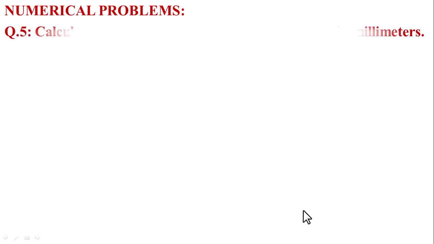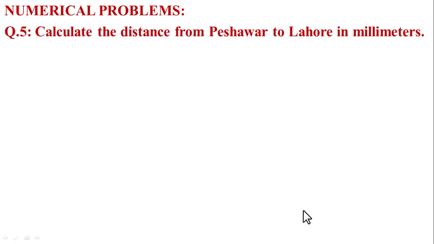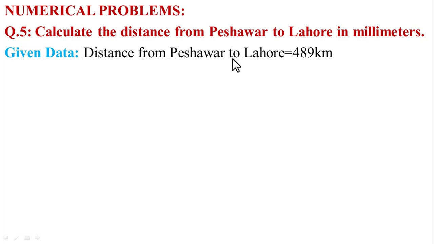Now we will move to numerical problem question number 5. In question number 5, the given statement: calculate the distance from Peshawar to Lahore in millimeter. First of all, we write the given data.